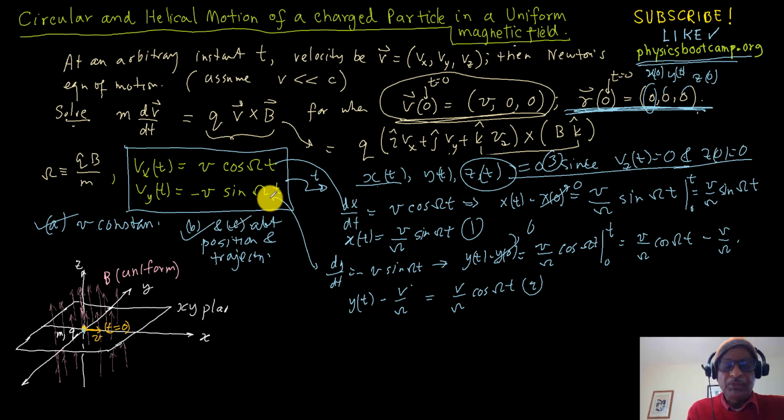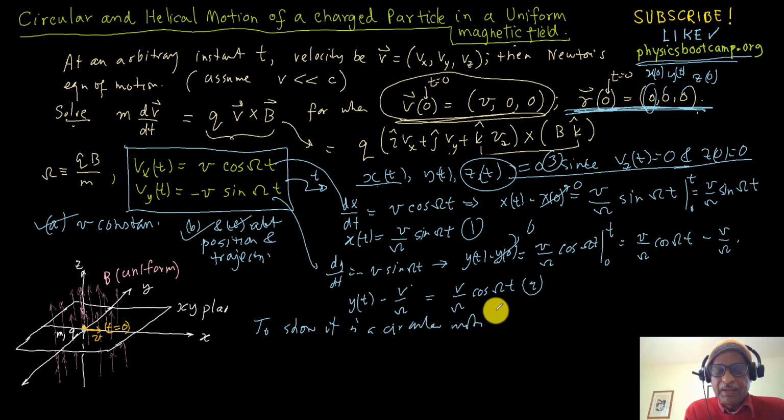For the other one, to show that this is a circular motion, what are we going to do? Well, we're going to take 1 and 2, and we're going to square and add them. What do I mean?